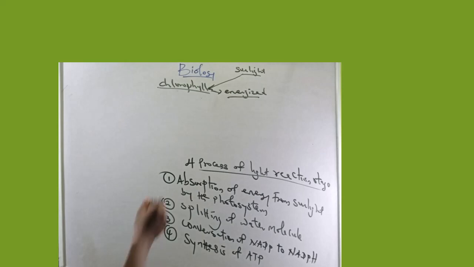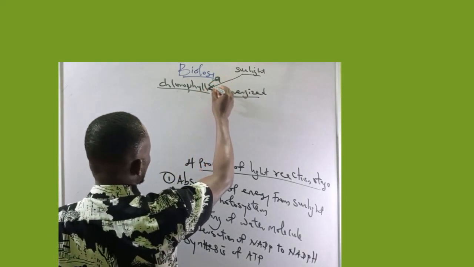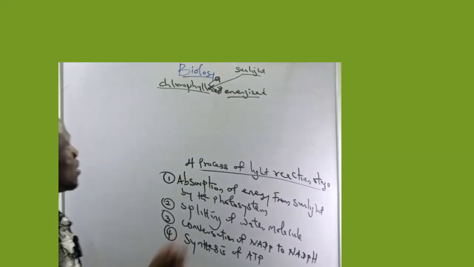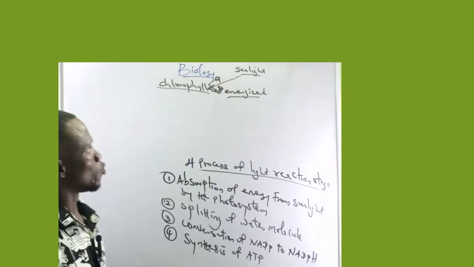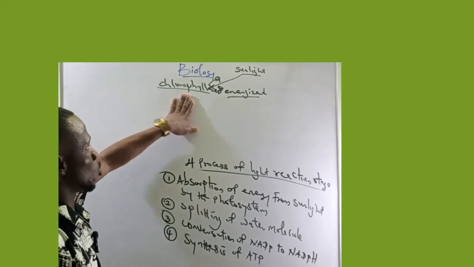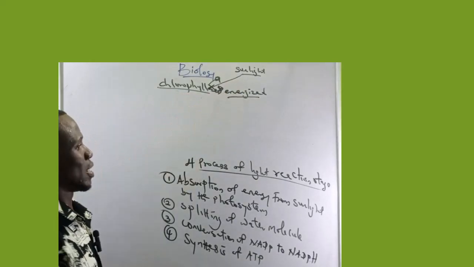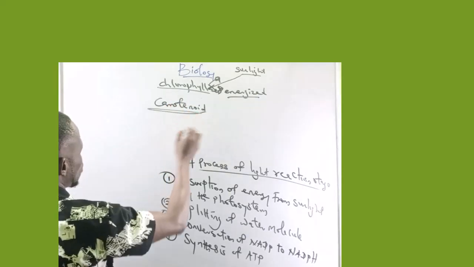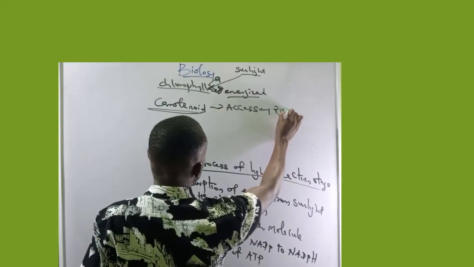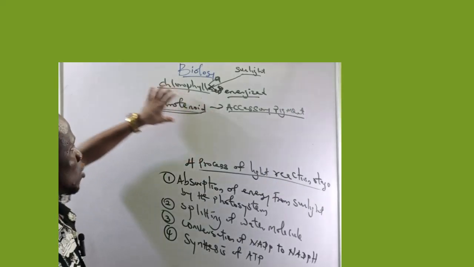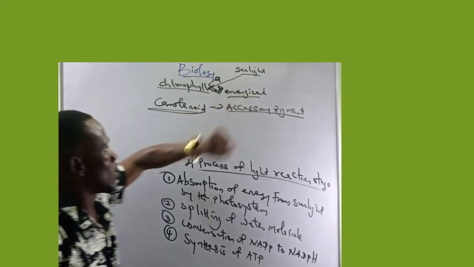Remember that we have chlorophyll A and chlorophyll B. The difference between these is that they have a different absorption spectrum. We also have other accessory pigments that can absorb sunlight. An example is carotenoid, which is also an accessory pigment. It helps to absorb energy from the sunlight.